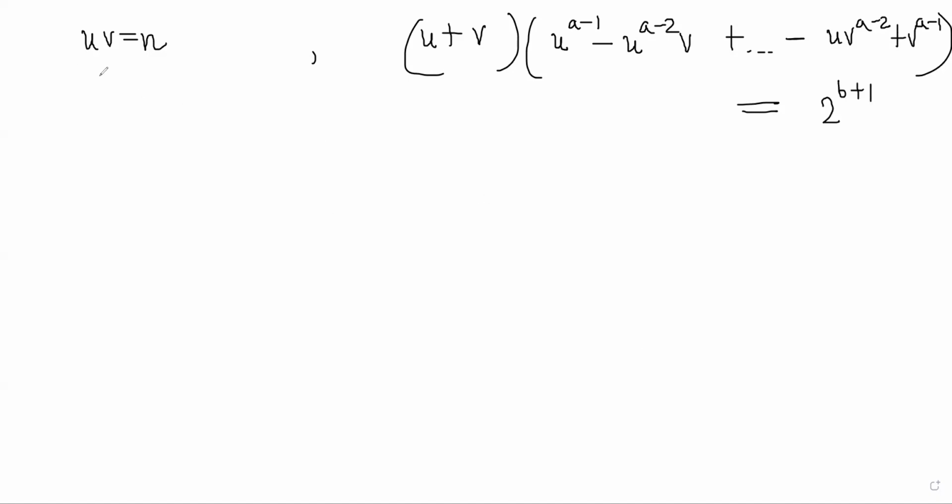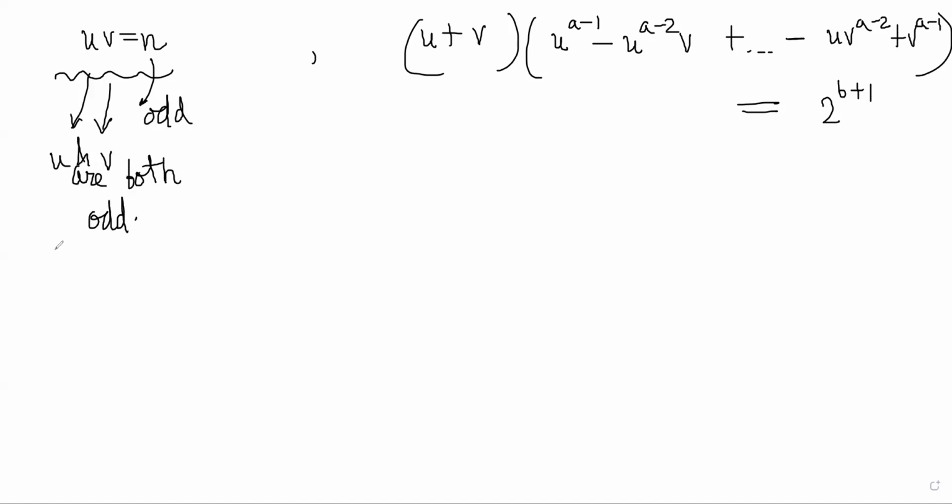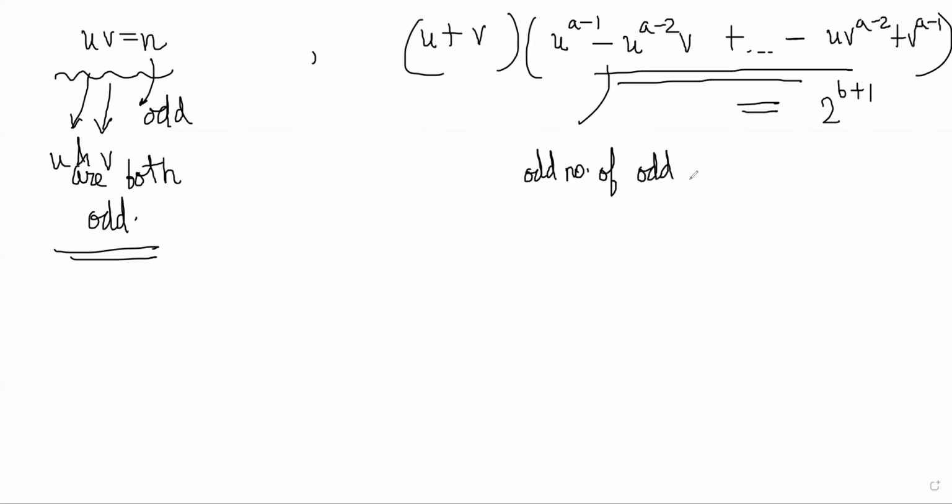So since we know that n is odd, this implies that u and v are both odd, right? So when we think of this now, you should realize that this is an odd number of odd integers that are being added or subtracted. You can count: a was odd, so a - 1 is even.